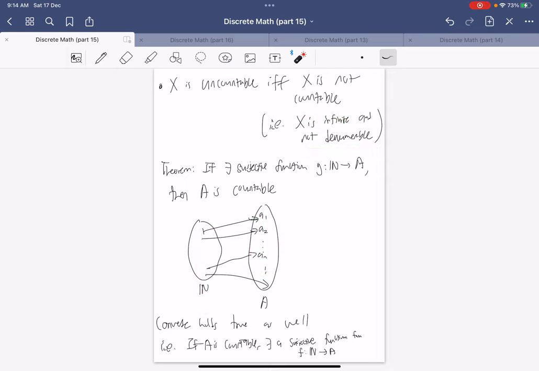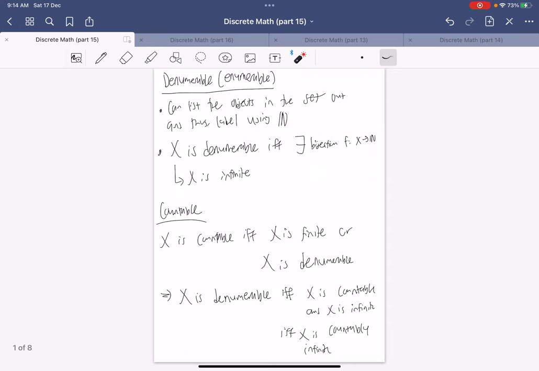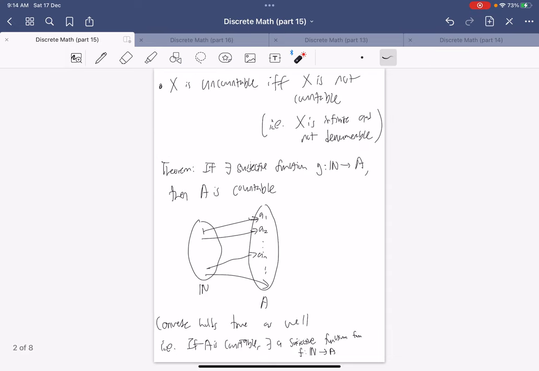And the converse holds as well: if A is countable, there will exist a surjective function from N to A. With this, you are able to prove when sets are countable, and instead of always finding a bijection, you reduced it to finding a surjective function.